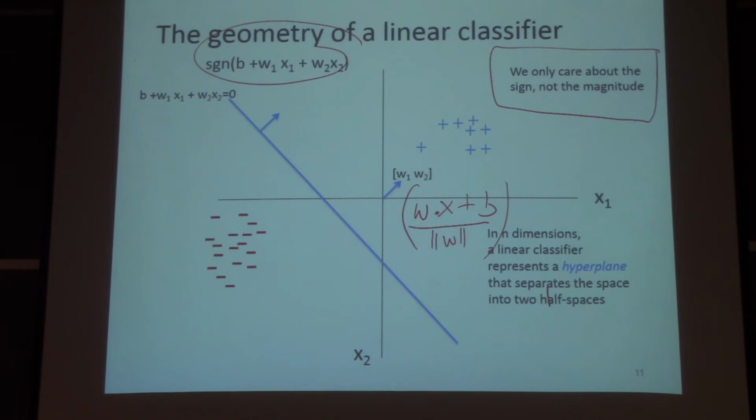But actually the magnitude of W becomes important for certain learning algorithms. Other questions? These are good questions. How do we choose our bias? The learning algorithm has to decide both the bias and the weights. In fact, in about 10 minutes, I'll point out that the bias is just another weight, and I'll fold it into W and we'll stop worrying about it very soon.